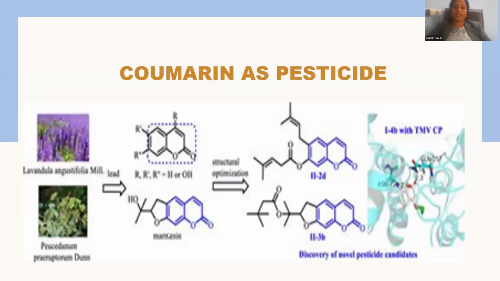Coumarin as the pesticide. So many established pesticides which are composed of the coumarin are established already. And here you can notice the compounds with the coumarin ring, over the position number 6 a lengthy alkyl chain, and here is the ester linkage over the position 7. And another polymeric substance is also located.